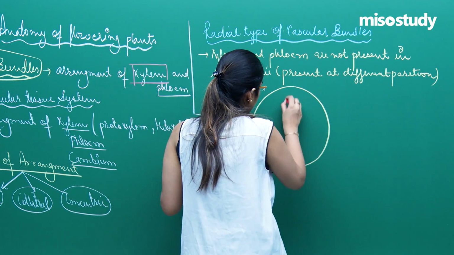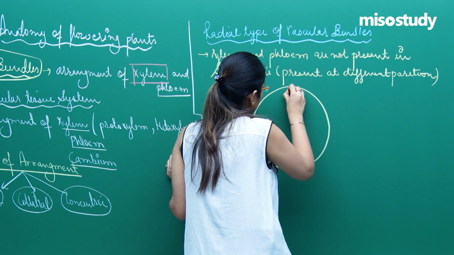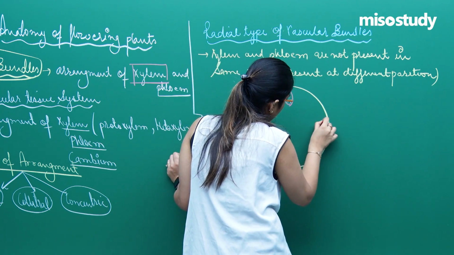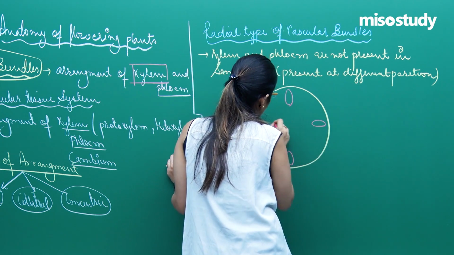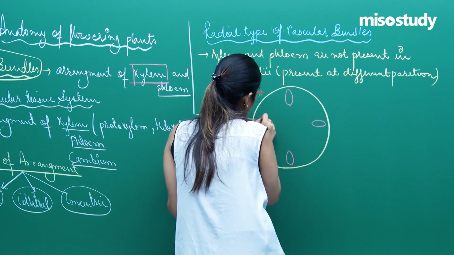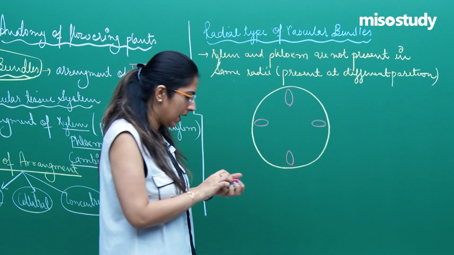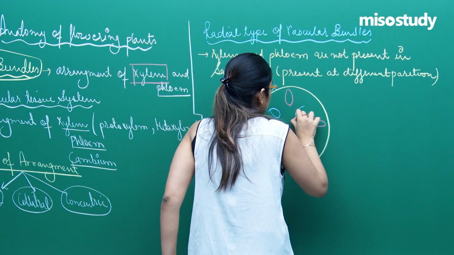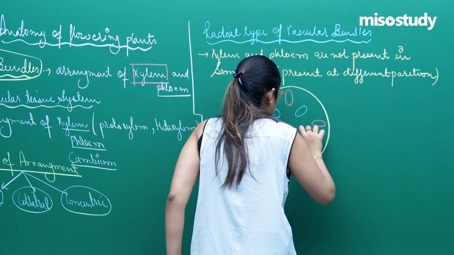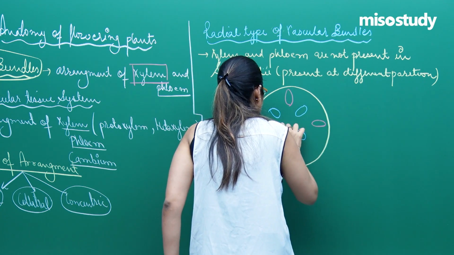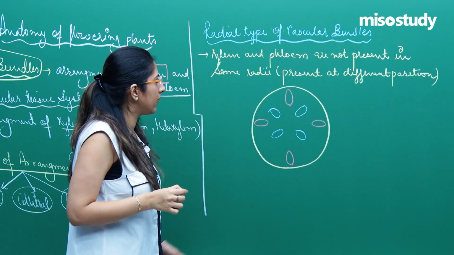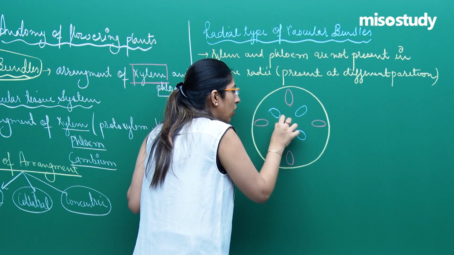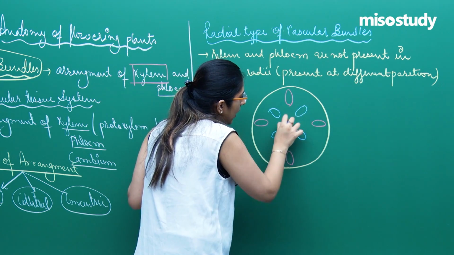Suppose the xylem is present towards this side, and the phloem is present at this position. Now tell me one thing, in this type of condition the position is different along the different radii. Can you see that?